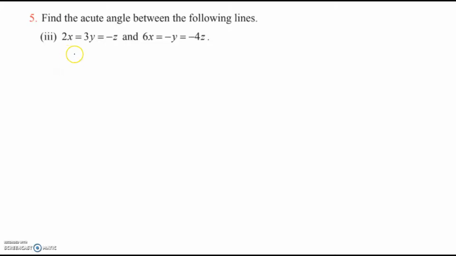In the third case, we're given the Cartesian equations, but they are not in the form which is required. So we have to rearrange them. So let's take the first one, which is 2x is equal to 3y is equal to minus z. So we can rearrange this as x by 1 by 2 is equal to y by 1 by 3 is equal to minus z.